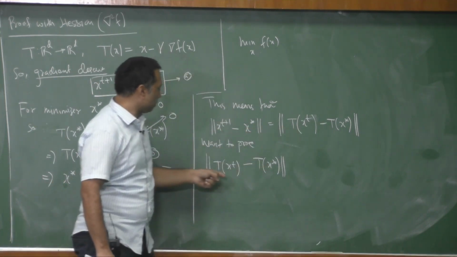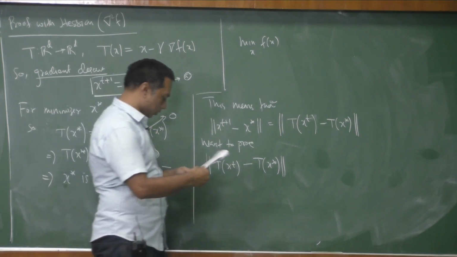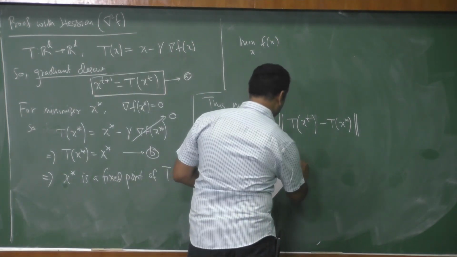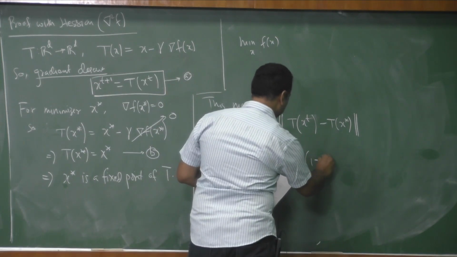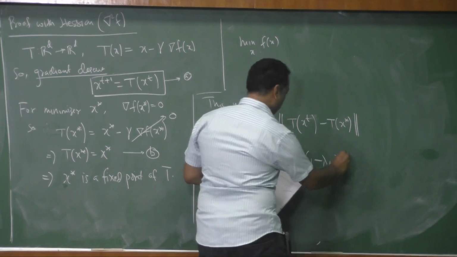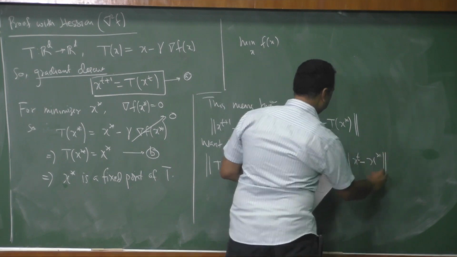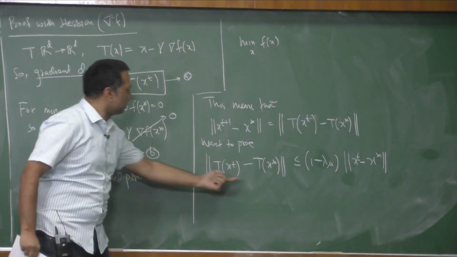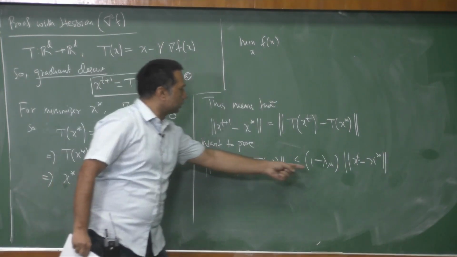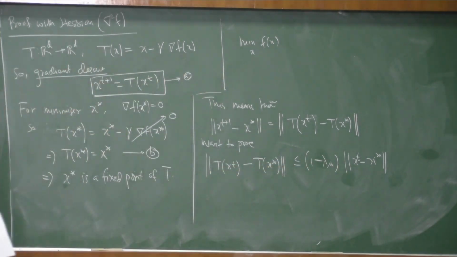We want to prove that this is less than or equal to (1 minus lambda mu) times the norm of x_t minus x star. You can see this as x_{t+1} minus x star is less than or equal to this, which is exactly what the theorem was asking. But the fact that we have introduced the operator T now will allow us to use the properties of T.